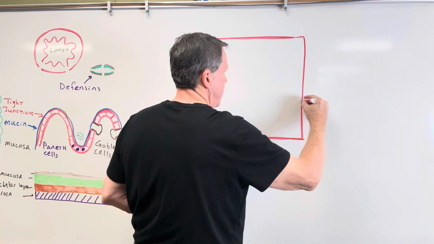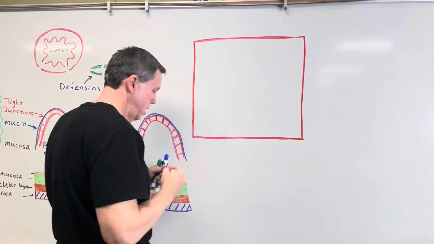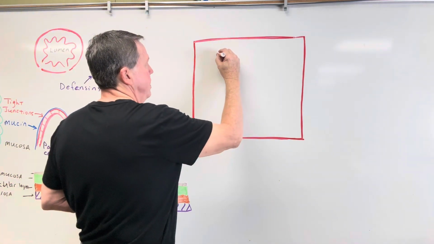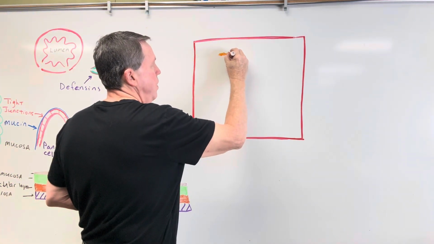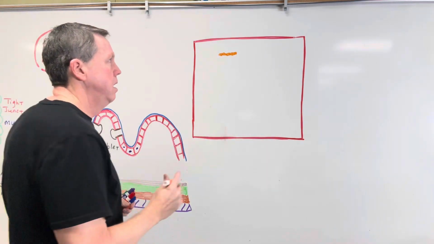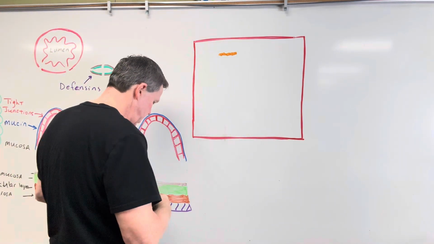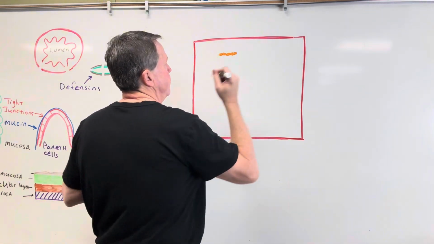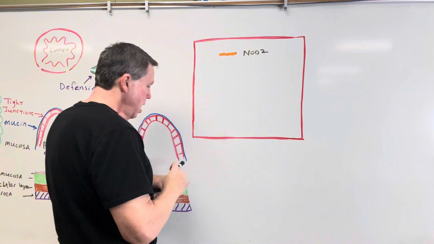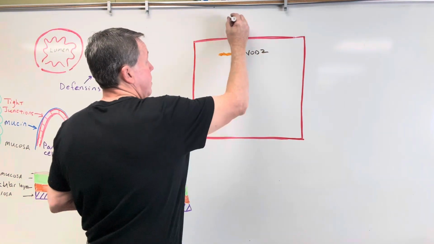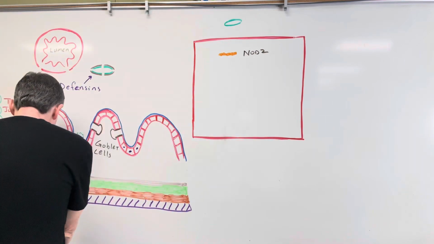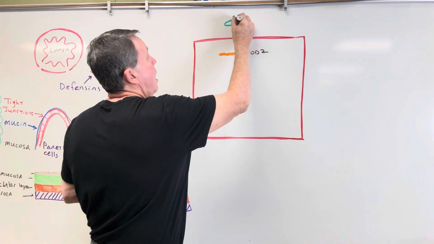And now, here's what's going to happen. Inside the epithelial cell, like we said, we have something called NOD2. Now, NOD2 is kind of shaped more like a Y, but this is going to be my NOD2. Okay? When I get this microbe here, it's going to lose a piece of its cell wall.